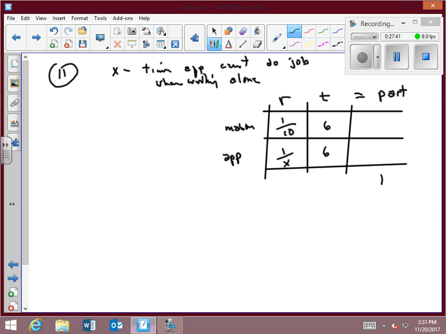So now, how are you going to get an equation? Multiply this times this, right? 6 over 10. If you want to reduce that down, you could say that's 3 over 5, isn't it? And then you multiply 6 times 1 over x, 6 over x. And you have your equation you can solve, right?